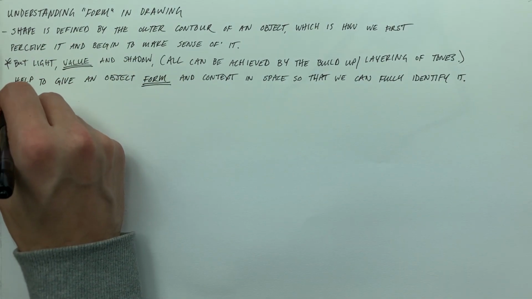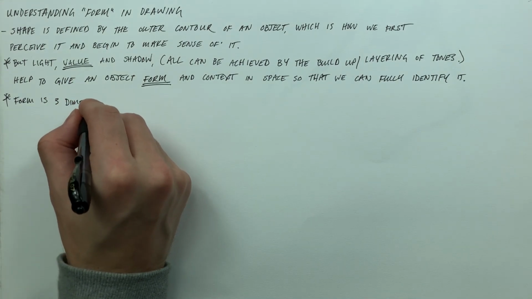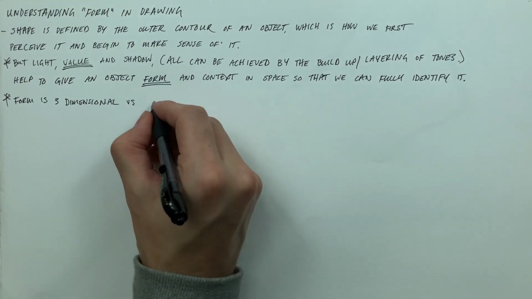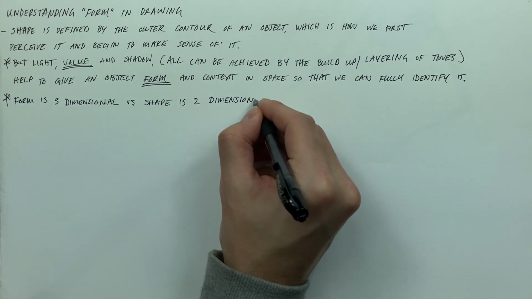Now, it's important to note that the fundamental difference of form is that it is 3-dimensional, whereas shape is only ever going to be 2-dimensional.